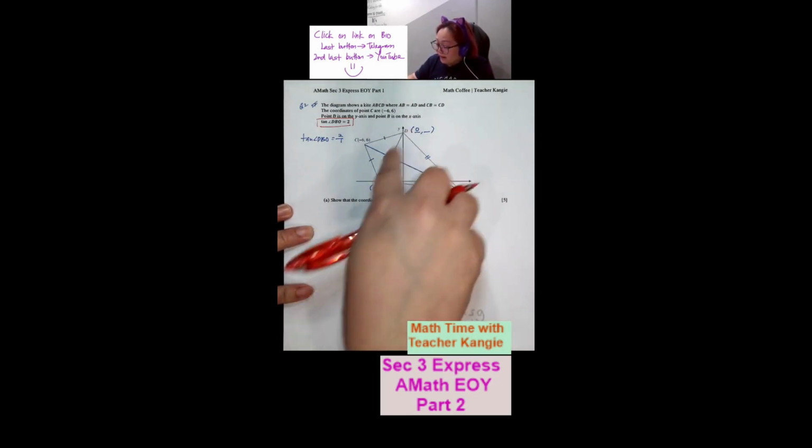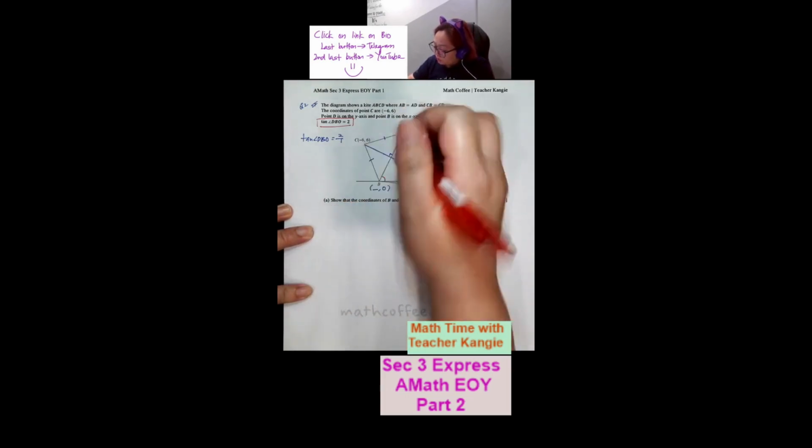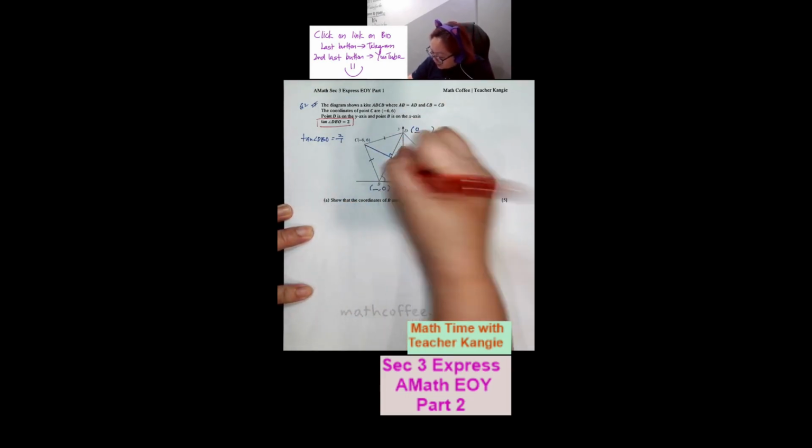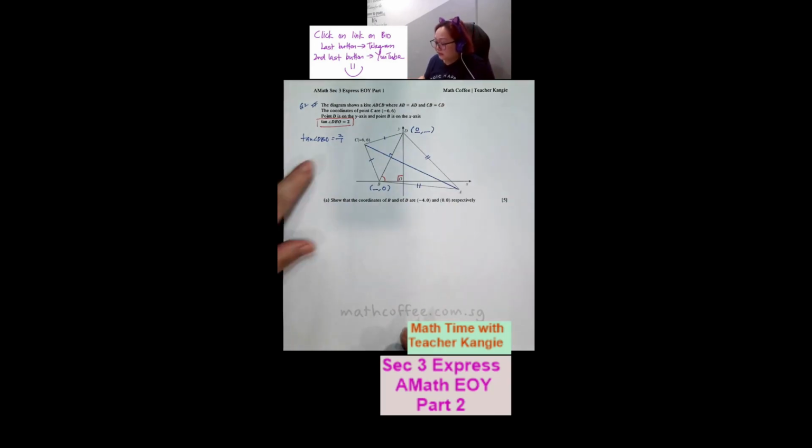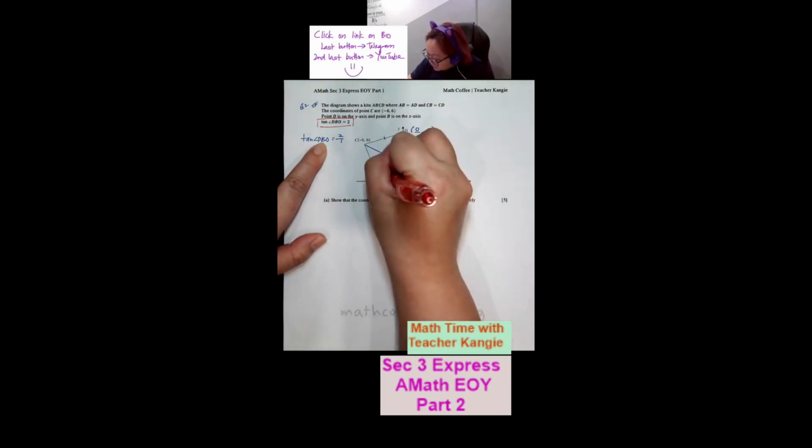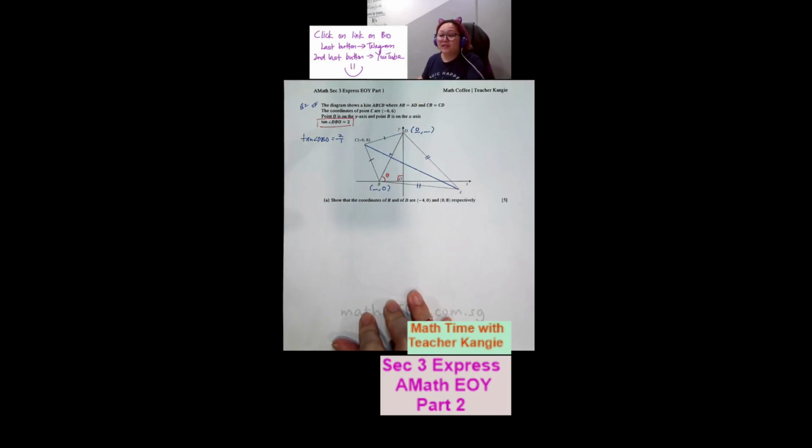Look at triangle DBO. We know that this is a right-angled triangle, and this is the angle reference that they are talking about. Tangent is opposite over adjacent.